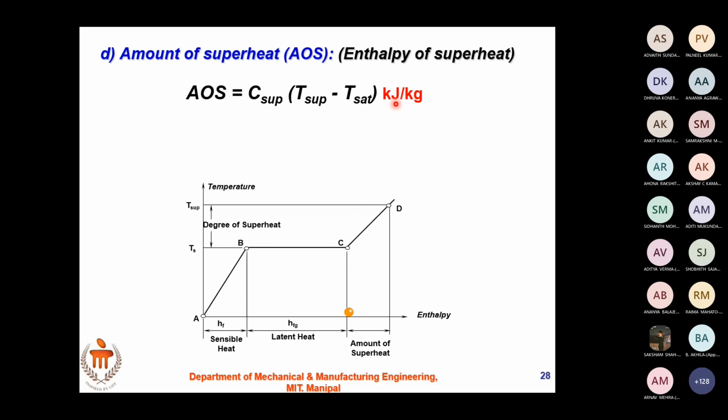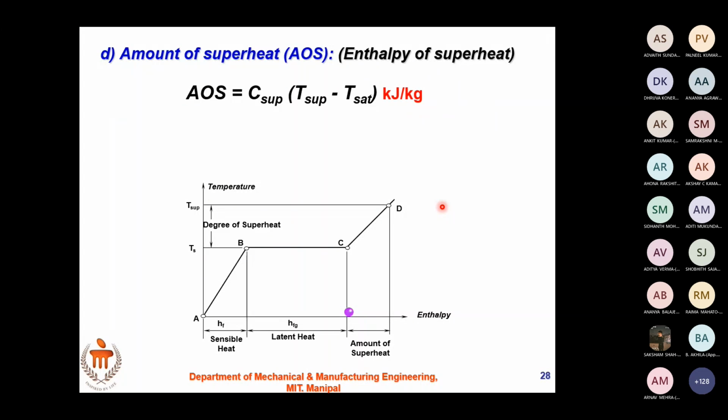That's why your unit will be kilojoules per kg. C super is the specific heat of superheated steam, multiplied by the temperature difference in this range. So if I'm calculating at D, this is my superheated temperature. T super minus T saturation gives me the temperature difference. Got it?